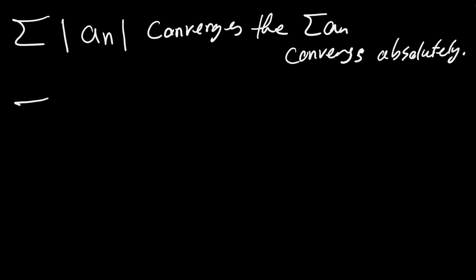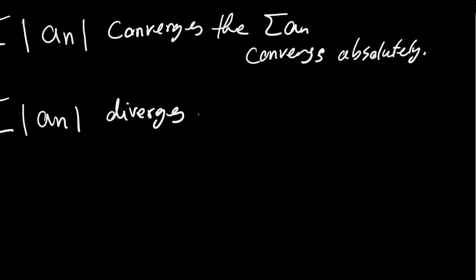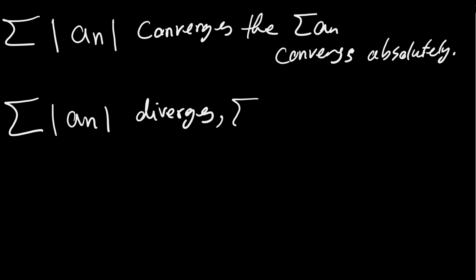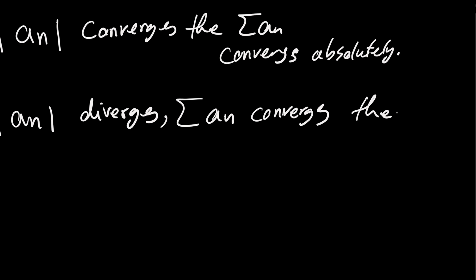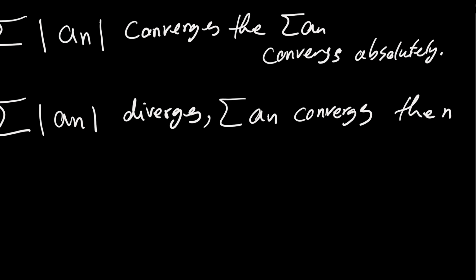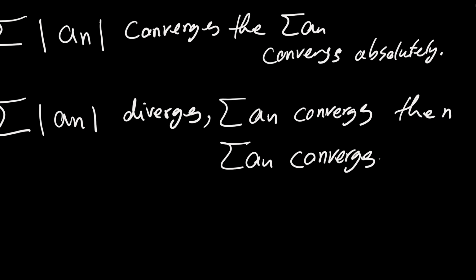And if you evaluate sigma absolute value of an and it diverges, but when you evaluate sigma an itself, you see that it converges, then you can conclude that sigma an converges conditionally.